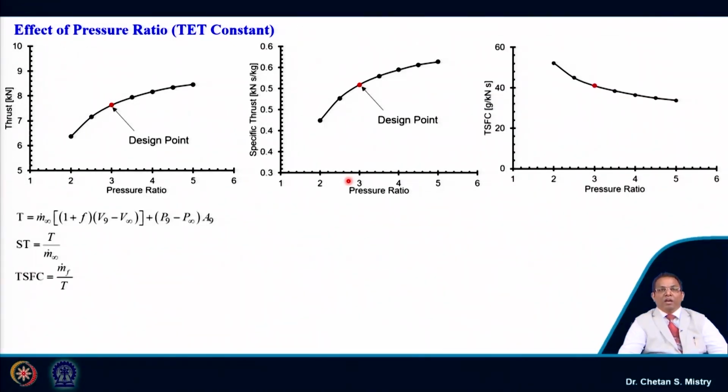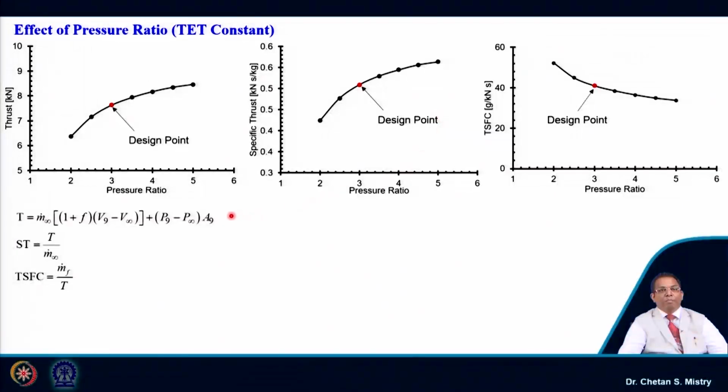The next parameter of interest is my thrust specific fuel consumption. Here this represents our design condition, and it says with the increase of my pressure ratio, the thrust specific fuel consumption is going to decrease. You need to be very careful here about the meaning of that.